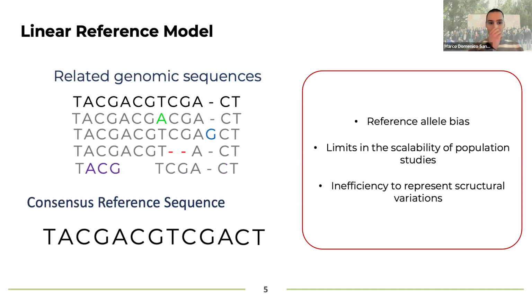And this approach introduces a great limitation, which is called reference allele bias, because the data incongruent with the reference allele is underreported. In particular, during the read mapping process in resequencing, this results in a systematic misrepresentation of the authentic sequences that build the reference. Moreover, this approach can also limit the scalability when we have to deal with a population of genomes. And in the end, it is also inefficient at representing structural variation, so the bigger variations inside the genome.